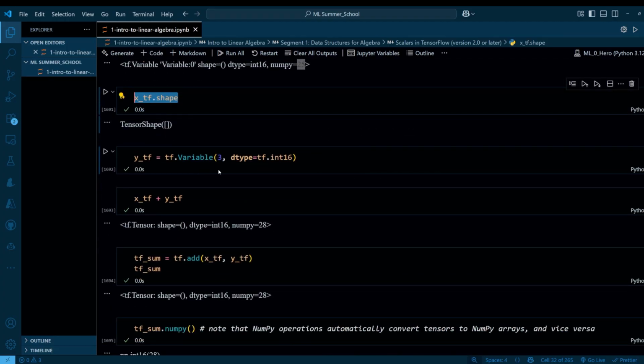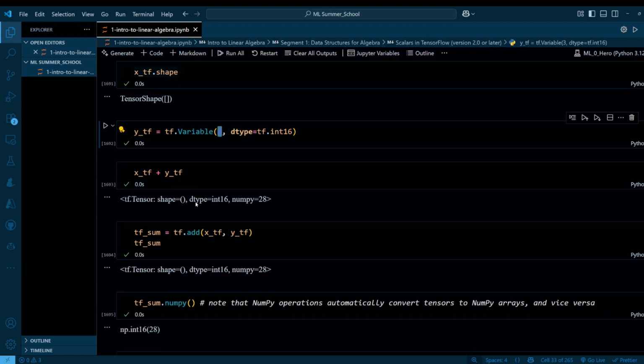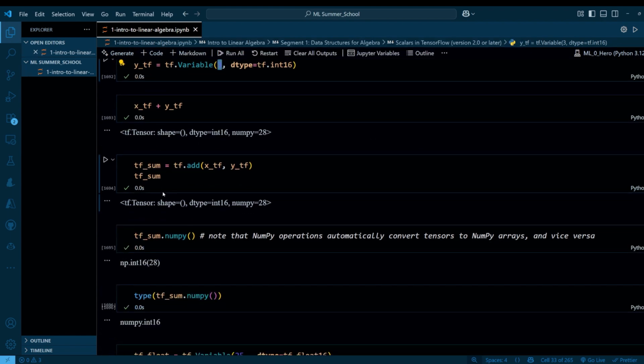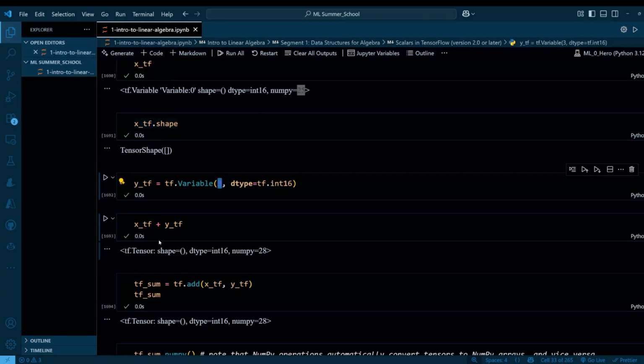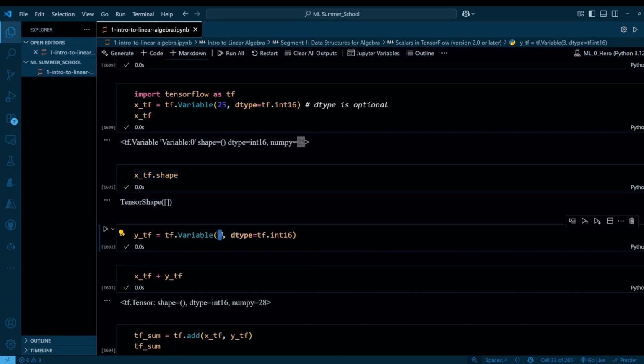Same, so with two scalars, y_tf, we are assigning it 3, and then we can just add them up. We can see the shape of the summation, and again there are no shapes. Okay, great. The sum is tf_sum. The value for y was 3 and for x it is 25.